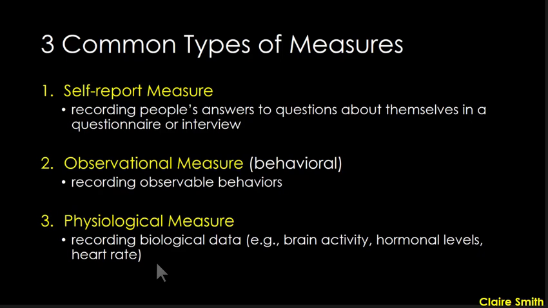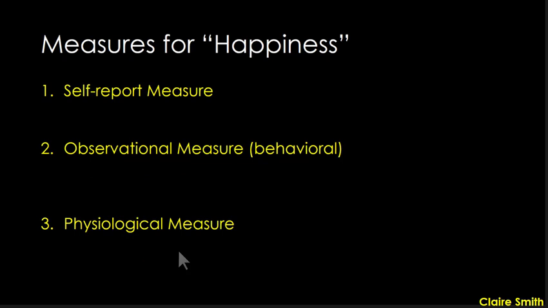Again, for each variable, we can use any of these to try to operationalize it. And there's going to be many ways that we can do these different things to measure different things that are still trying to get at the same variable, if that makes sense. So for example, for happiness, we can do a self-report measure, which we've already talked about, could be something like a survey or questionnaire.